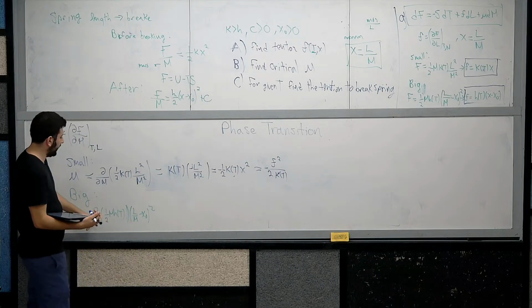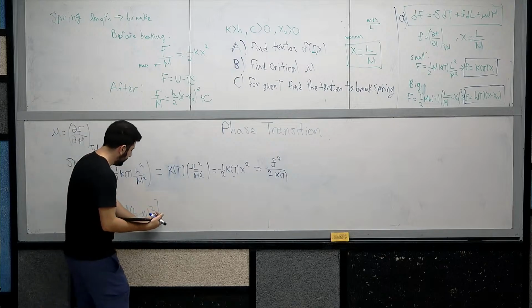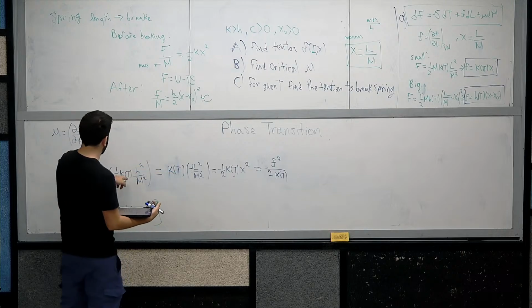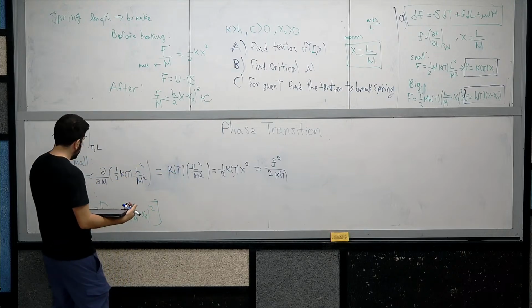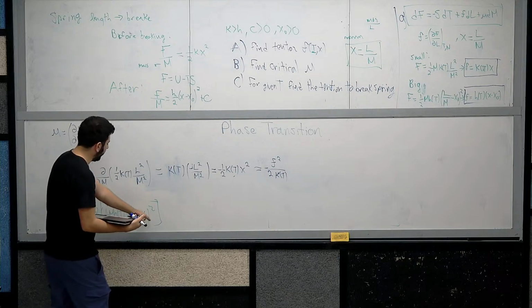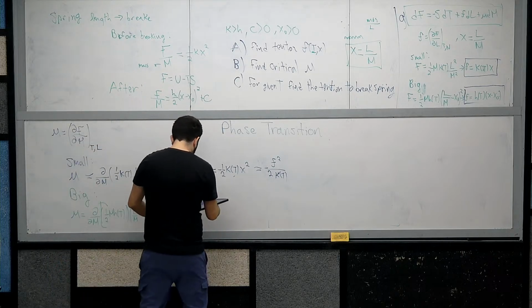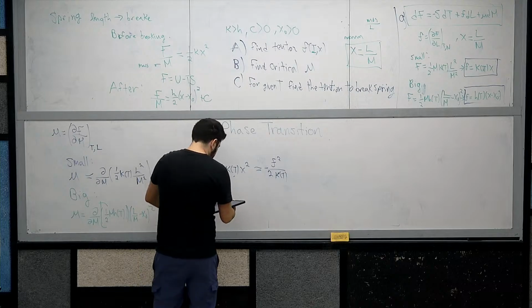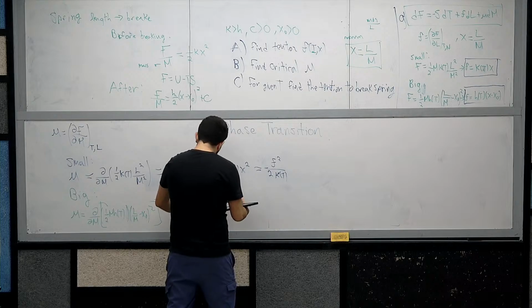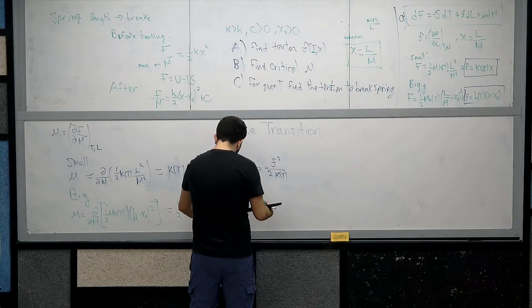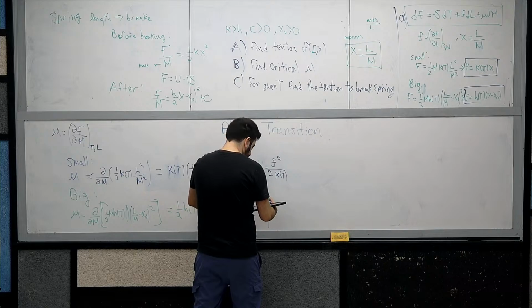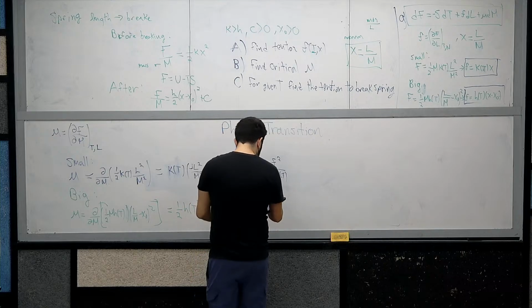Okay, so we just have to perform this derivative, right? Just as I did here, you change from x to n over m, and you perform the derivative, you will get something like this.